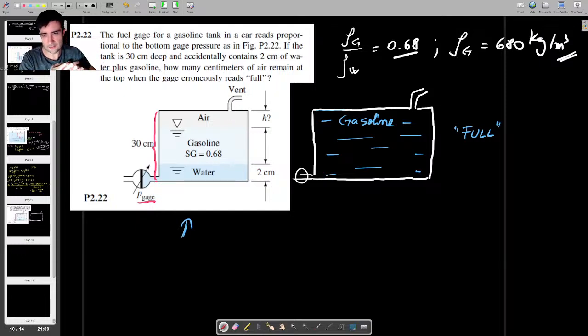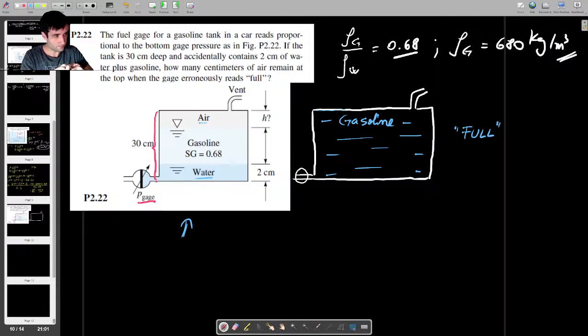And this water is more dense than gasoline, so it creates enough pressure to make the gauge think that the whole tank is full, but in reality it's not. In reality we have gasoline, but we also have water and we also have air. So the combination of water and air is such that the pressure gauge thinks that we have a full tank of gasoline, and this is what the driver will see on the board.